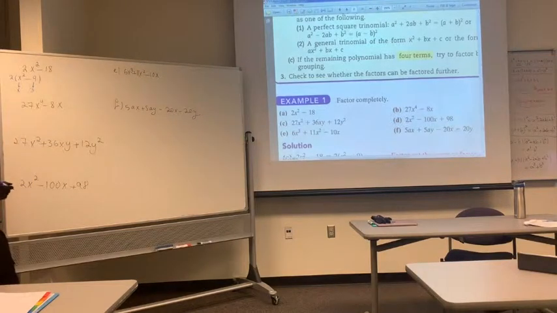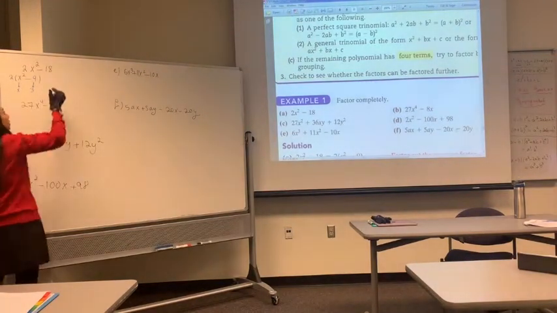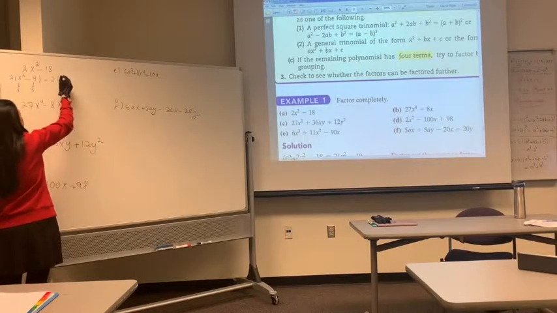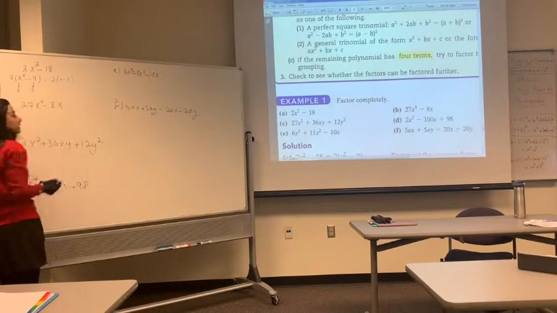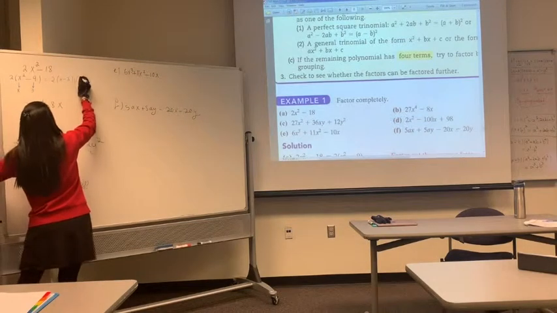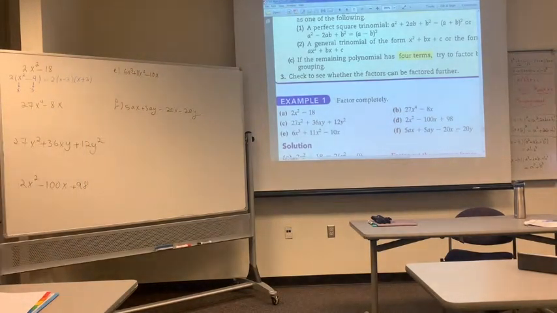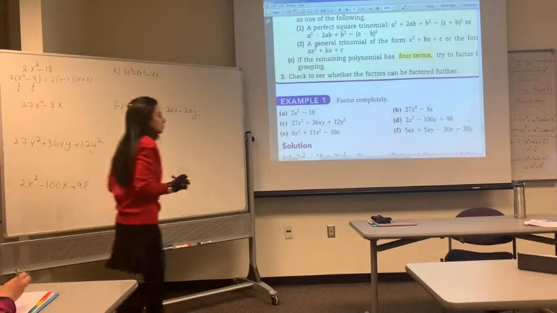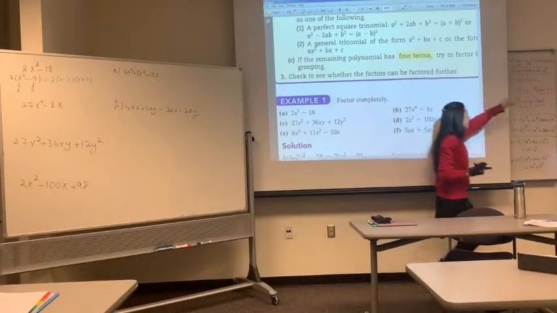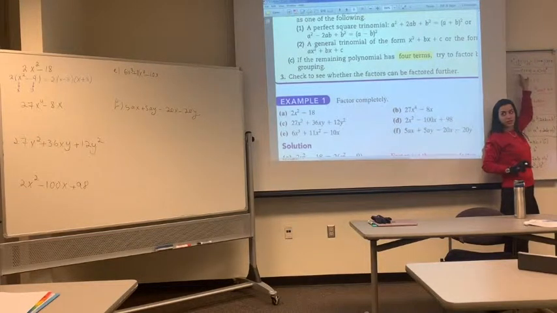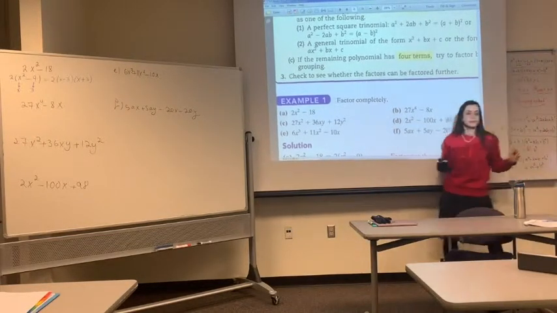This one is also a perfect square, right? So 2 multiplied by the first term minus the second term, multiplied by the first term plus the second term. Okay? Because this one is a squared minus b squared, so it's a minus b multiplied by a plus b. Okay?